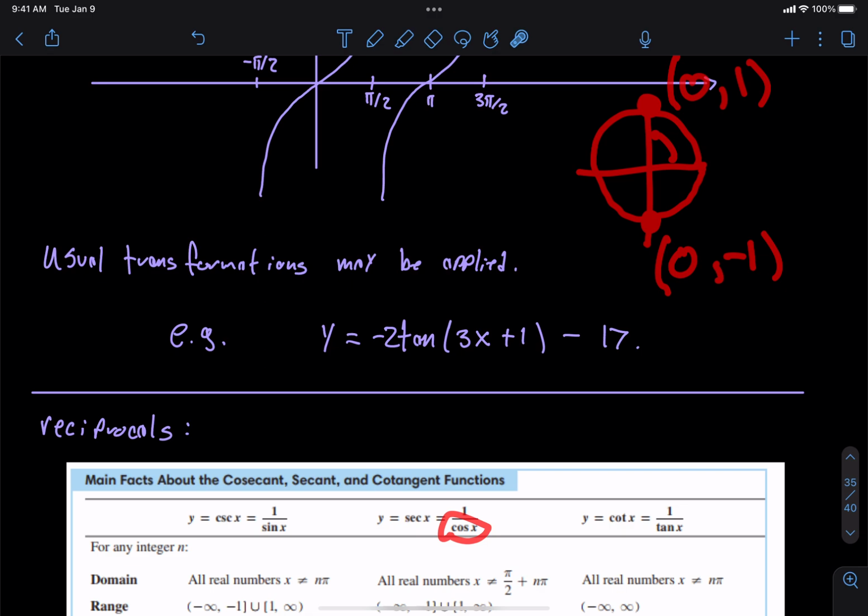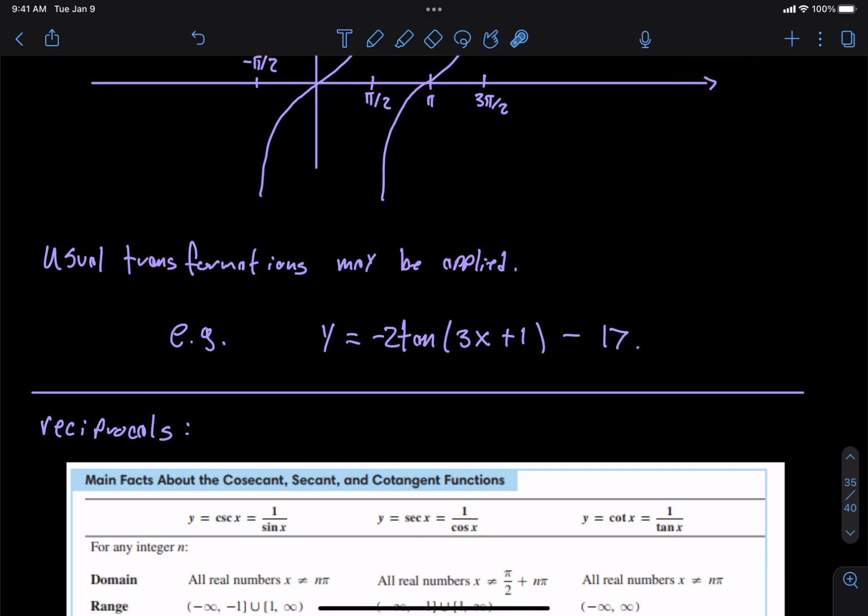Well, pi over 2 would do it, or 3 pi over 2, or 5 pi over 2, or 7 pi over 2, and so on and so forth. So we don't want cosine to be 0 when we're doing the secant function because we're going to divide by cosine. We don't want to do 1 divided by 0, so we have to exclude those inputs which would cause the denominator to be 0.